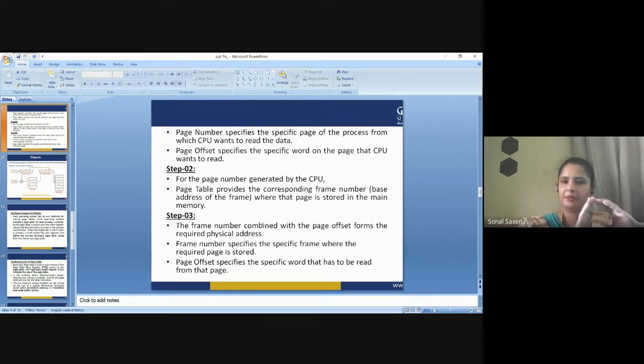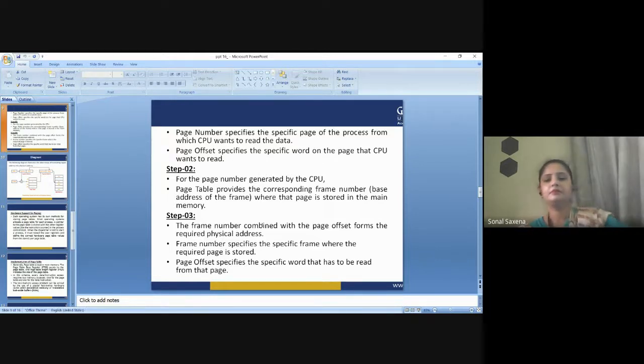So frame number 3 plus the 28th offset is my physical address. So what will I do? I am going to reach out for frame number 3, and at frame number 3 I want to execute the 28th line. So that 28th line will be my page offset. This is how I have converted my logical address into a physical address.